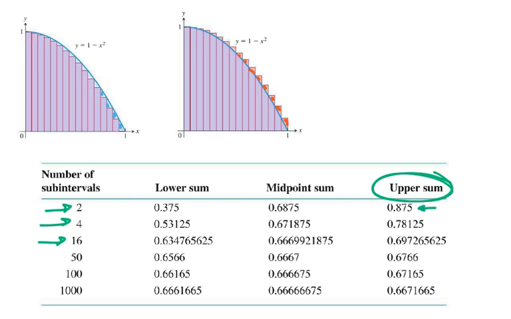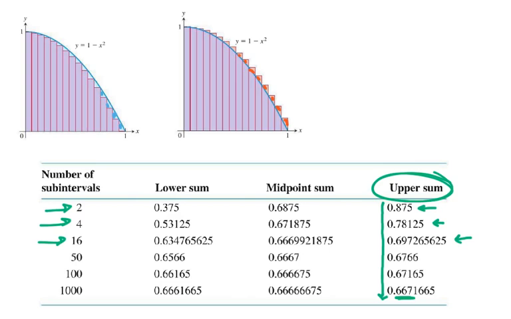So what you notice on that upper sum at 2 rectangles versus 4 versus 16 is that the number is decreasing. And as we create more rectangles, say 50 or 100 or 1,000, the area of that region we are approximating is approaching a number which looks to me to be approximately 2/3.